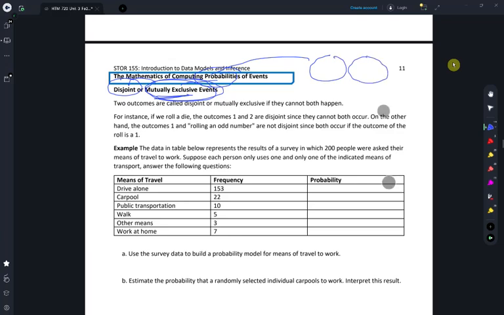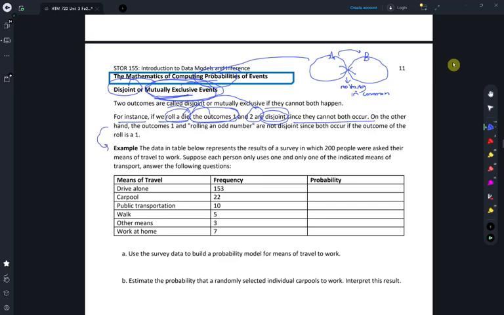These are events where if one occurs, it prevents the other one from occurring. So they have nothing in common. So, for instance, if we roll a die, the outcomes that you can get a 1 on the die and that of a 2, in a single roll of that die, are said to be disjoint or mutually exclusive because they cannot both occur.